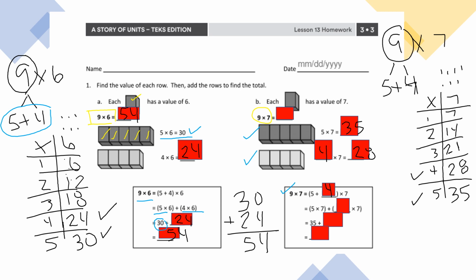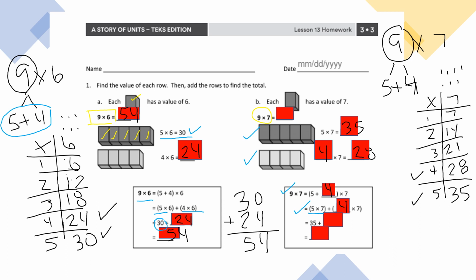So 9 times 7 equals 5 plus 4. Now let's look at the second line. Now we're looking at the two equations that live inside of 9 times 7. The two equations are 5 times 7, which I already wrote here, plus blank times 7. Again, put a 4 in this blank.